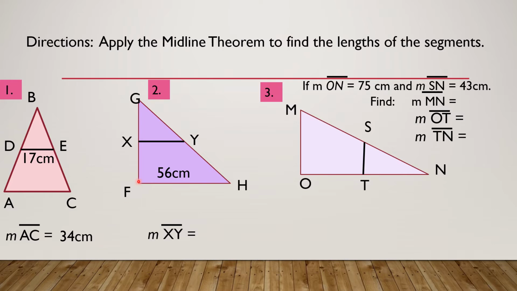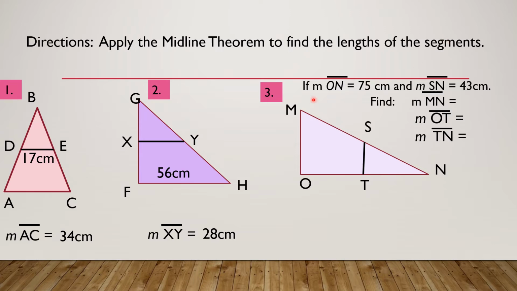Here, given is the third side, FH, equal to 56 centimeters, to find XY, the midline, the measure of the midline is 28 centimeters, half of FH. To find the third side, you just multiply by 2, 17 times 2, to get the length of the third side.